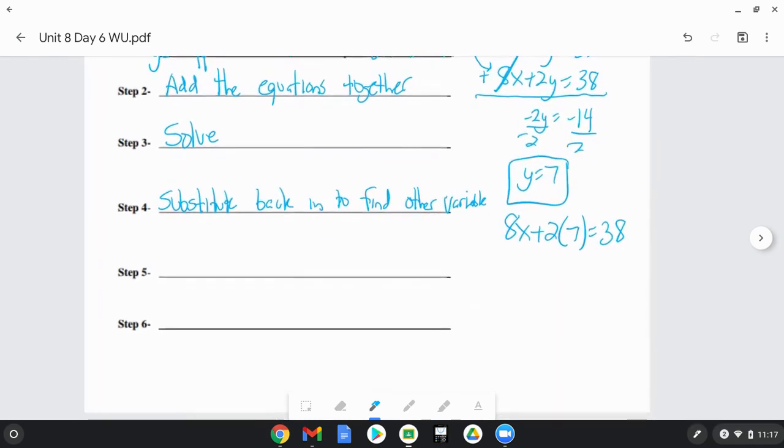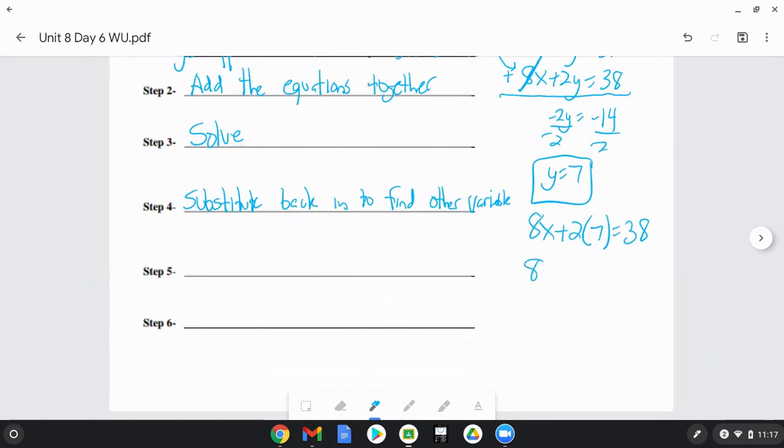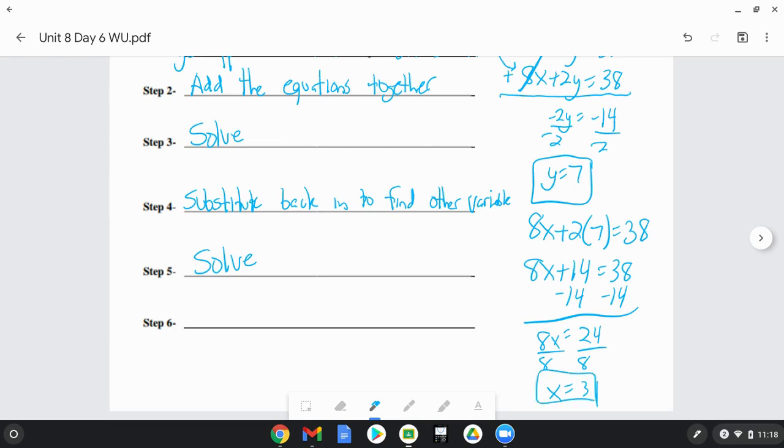Then step 5 is to solve what's remaining here. So now that would be 8x plus 14 equals 38. Subtract the 14 over, and we get 8x is equal to 24. So you divide by 8, and we get x equals 3. So now we have 3 and 7.